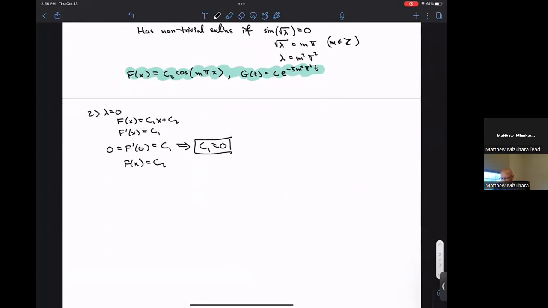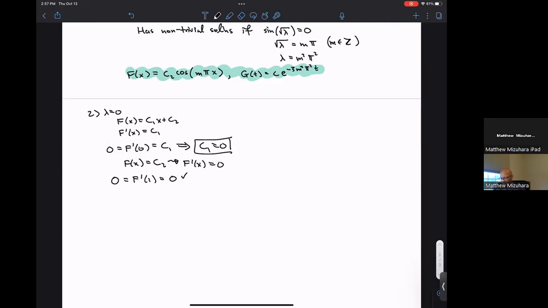What's interesting though is that when I take a derivative of this, f prime just automatically is 0. And so when I go to check the second boundary condition, f prime of 1 should also be 0. Well, that's true, it automatically was 0 already. So the second boundary condition doesn't tell me anything new.